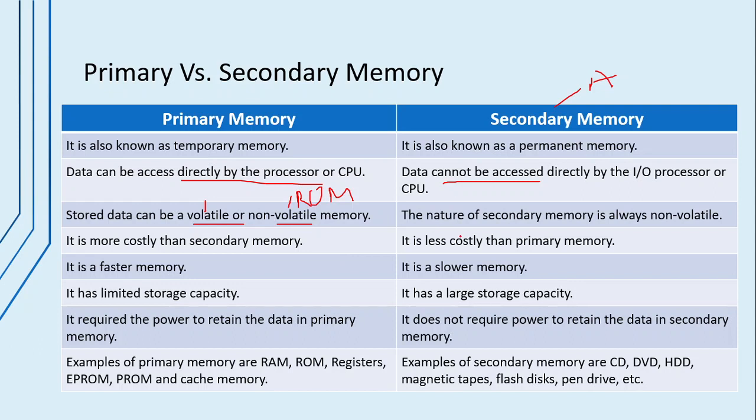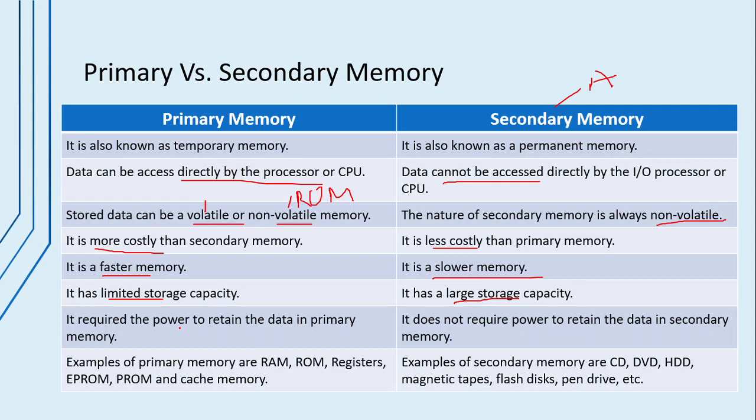The nature of secondary memory is always non-volatile, meaning your data will not be lost when you turn off power. Compared to secondary memory, primary memory is costly and this one is cheaper. Primary memory is faster compared to secondary memory, which is slower. Primary memory has limited storage, whereas secondary memory has large storage.